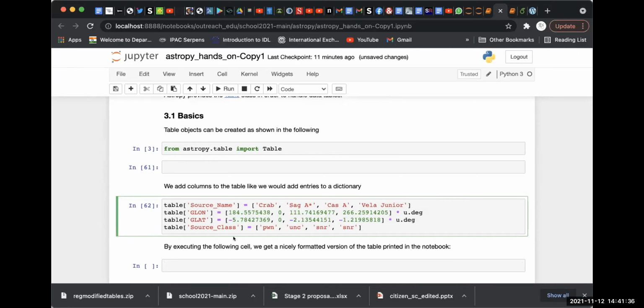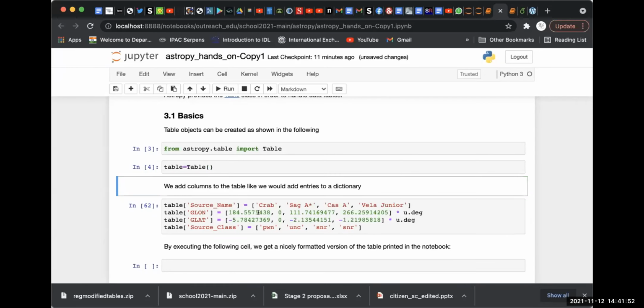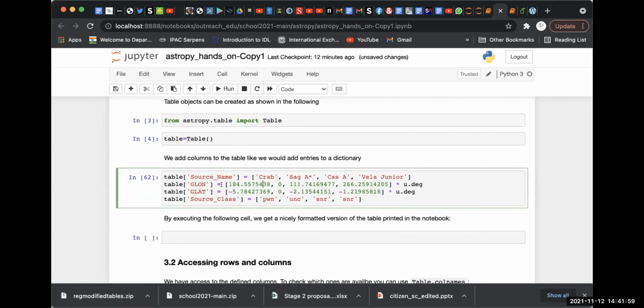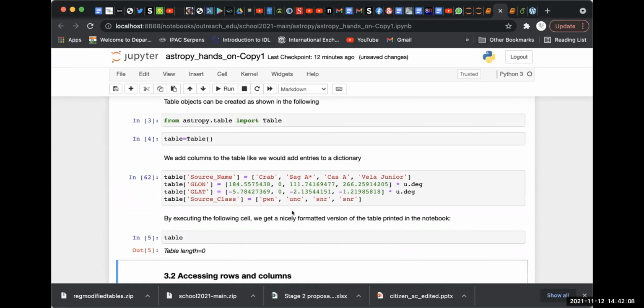I'm going to define my table as a Table, and now that the table has been made, we are adding columns to it. I've already written this, so I don't need to type it in your presence. Essentially, I'm giving you a table of 4 objects.